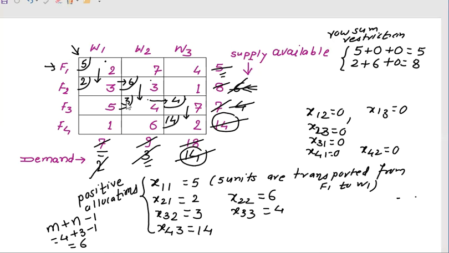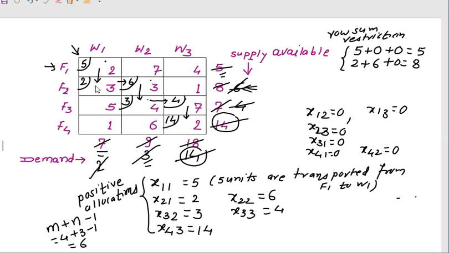In the third row, 3 plus 4 is 7, and 7 is the quantity available at F3. So again, the row sum restriction is satisfied. In the fourth row, 0 plus 0 plus 14, 14 units are transported, and it is equal to the supply available at F4. So in this way, the row sum restriction is satisfied.